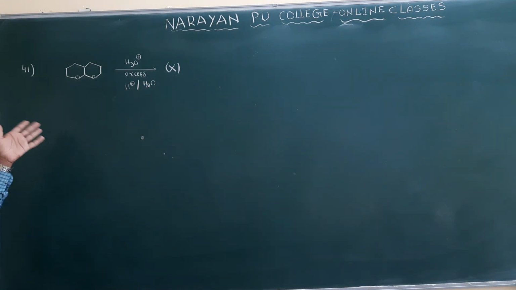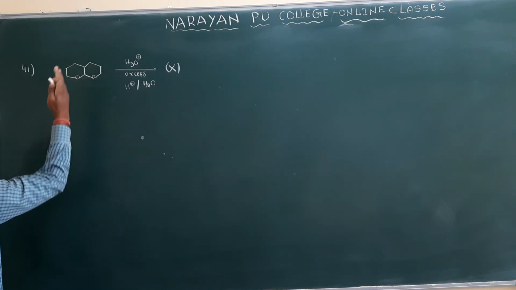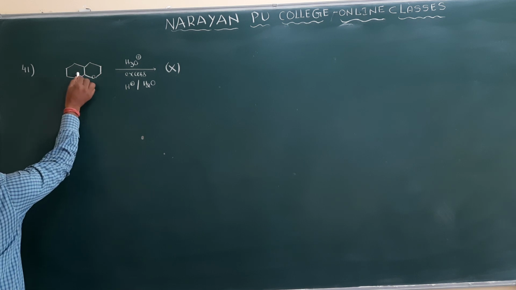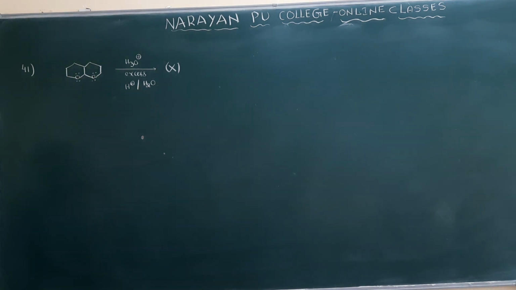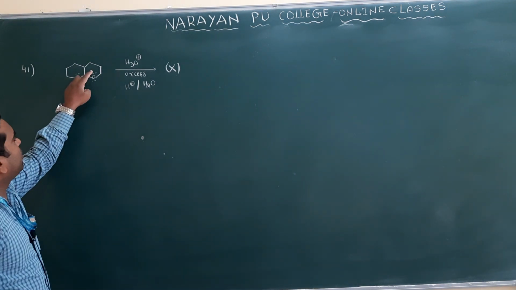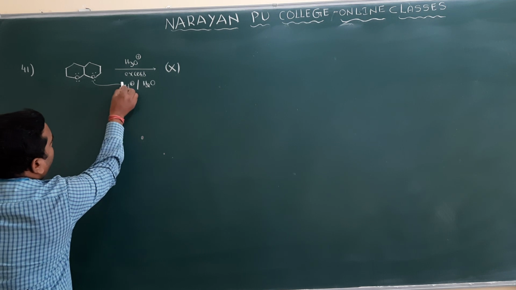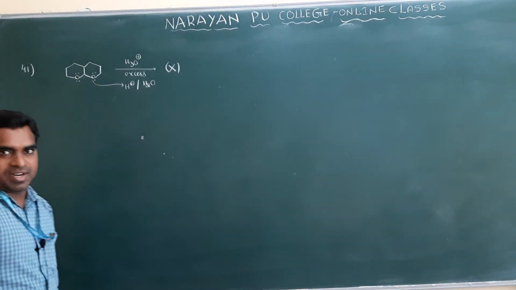Now here we have a symmetrical compound, if you break this you will get the same compound, so either this oxygen or this oxygen is protonated. The oxygen lone pair donates a pair of electrons to H plus and the oxygen gets protonated.